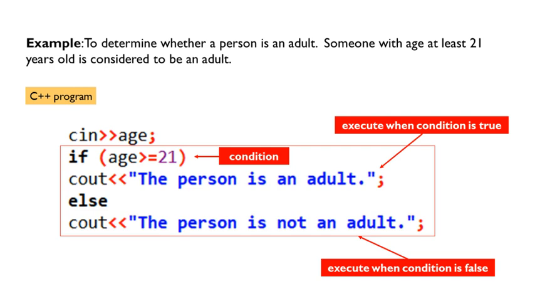If age is larger than or equal to 21, this is a logical expression, also called a condition. If the condition is true, it will execute the first statement, and if the condition is false, it will execute the second statement.